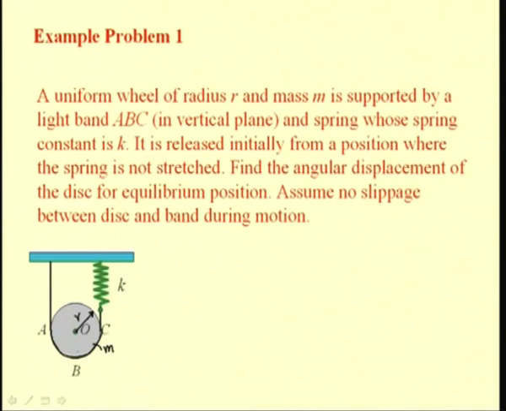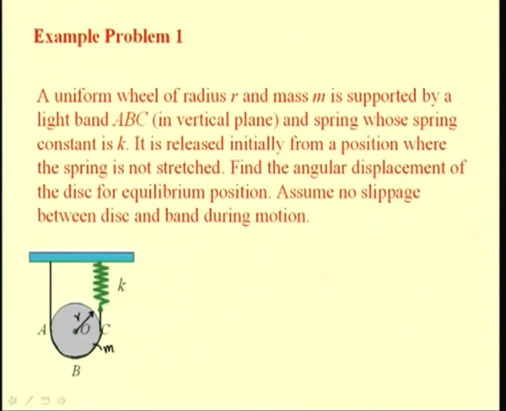That means the spring force and the weight of this disc will be balanced, and that will be the equilibrium position of this disc, and we are interested in finding the angular displacement of this disc for reaching this equilibrium position. We assume that no slippage occurs between the disc and the band during the motion.